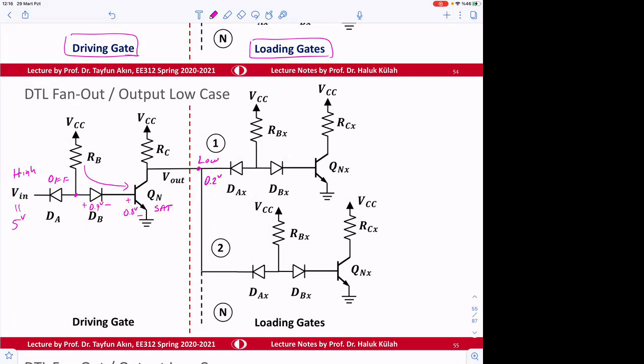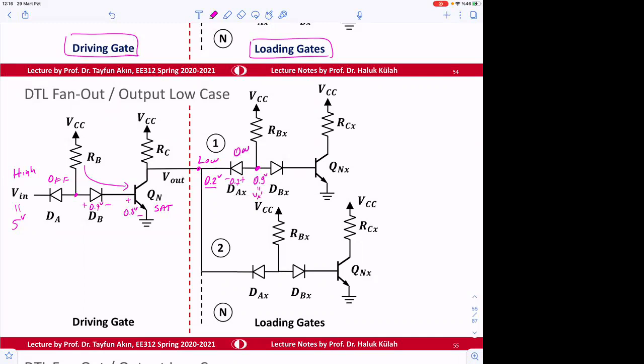Okay, so if this is 0.2 volts, we know that this is on. Therefore, this is going to be 0.7, so this voltage is going to be 0.9 volts. Let's call it Vx prime.